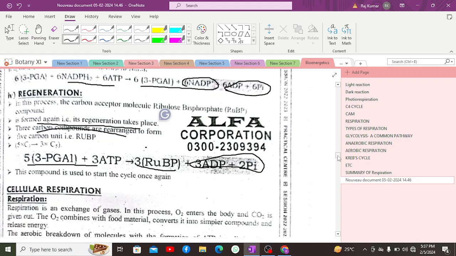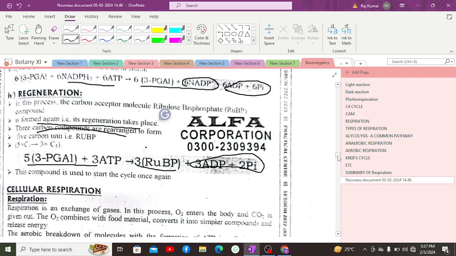In one cycle 8 inorganic phosphate are released, and in 2 cycles there will be 16 inorganic phosphate released. Now you might be wondering why there are 2 inorganic phosphate fewer than the number of ATP.